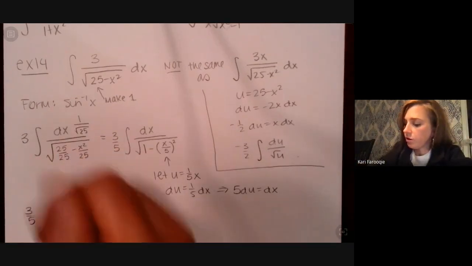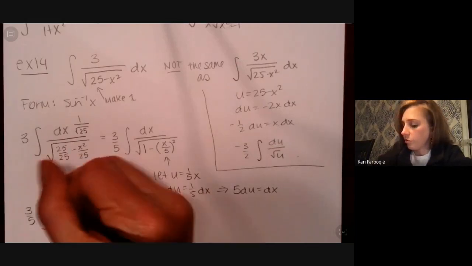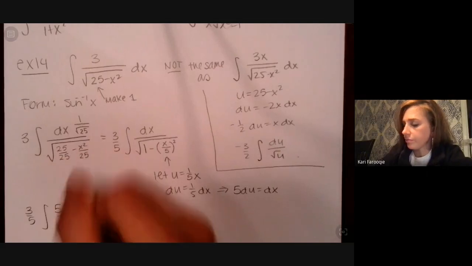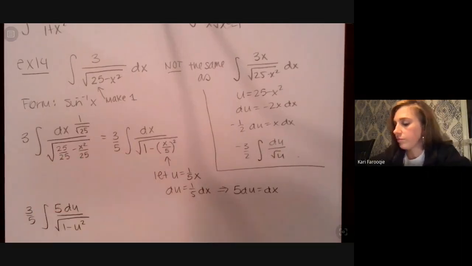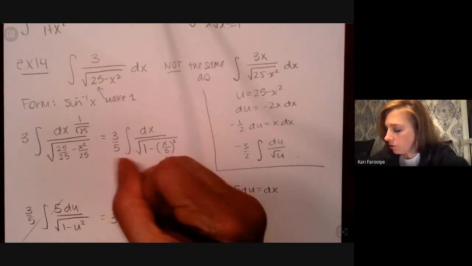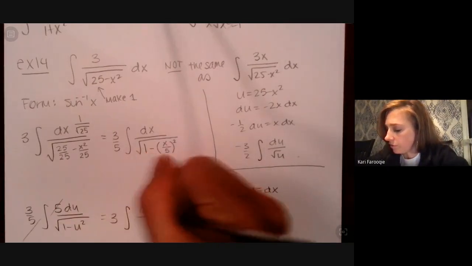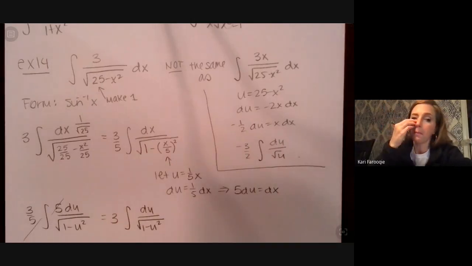There's my 3/5. Then I have the integral of, well, dx we already said was 5 du divided by the square root of 1 minus u squared. The 5's will cancel, and you have 3 times the integral of du divided by the square root of 1 minus u squared.